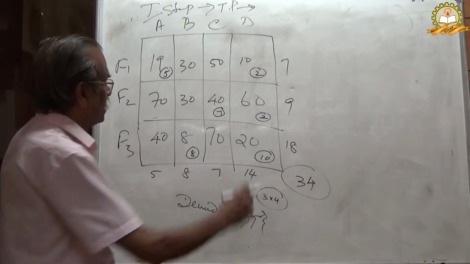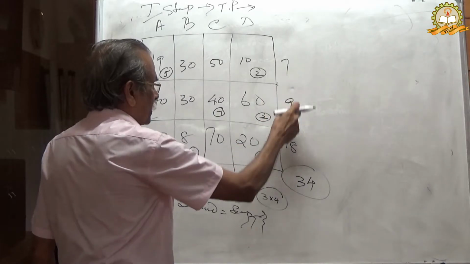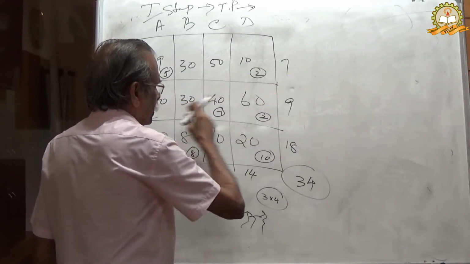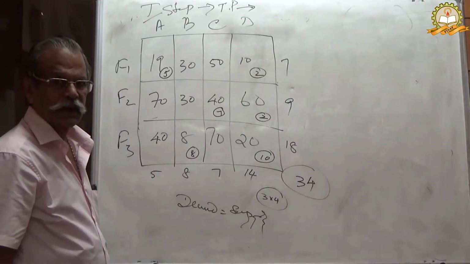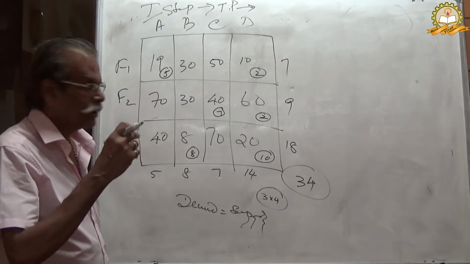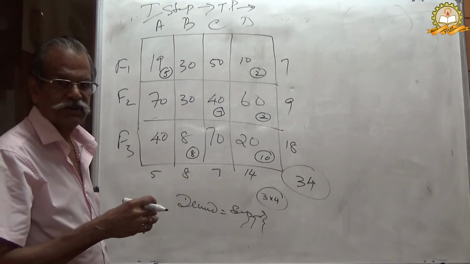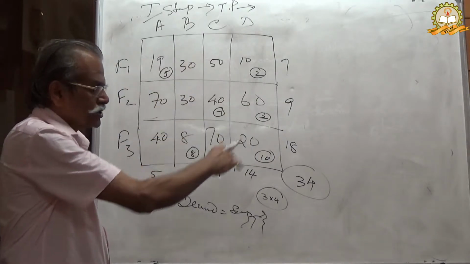Here, as you know, supply and demand equal 34. You can take penalties each. Here you can find the highest penalty, and the lowest cell value, and give allocations, and you can find the following allocations.